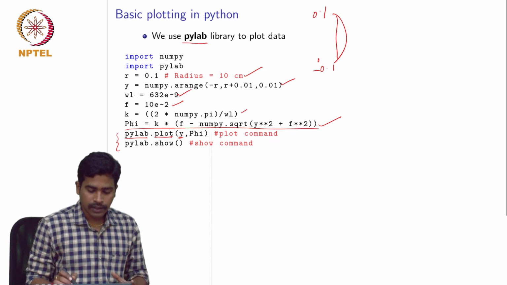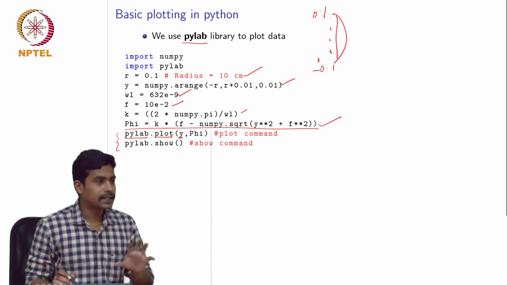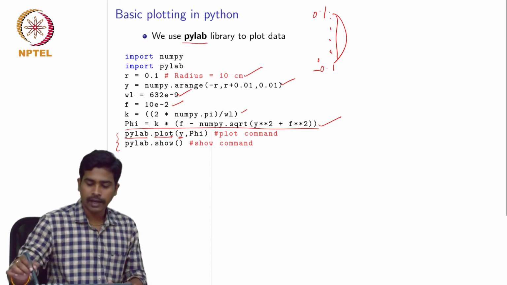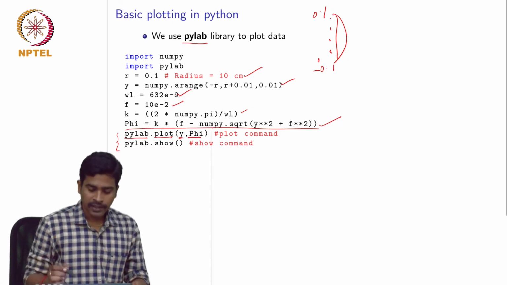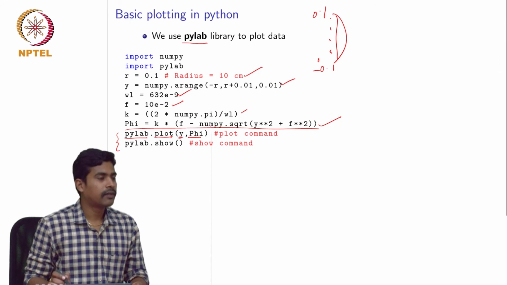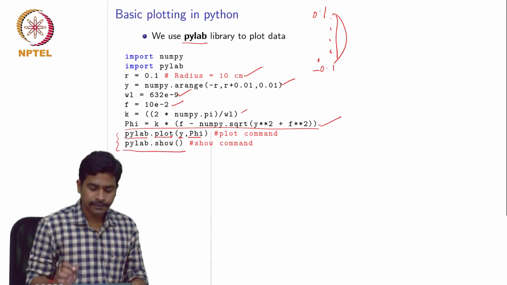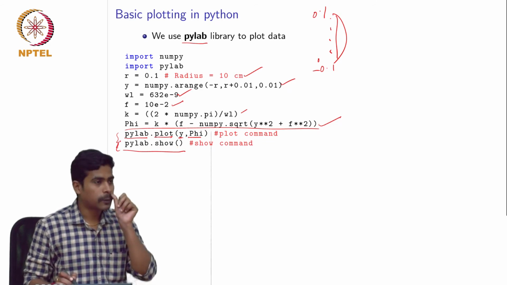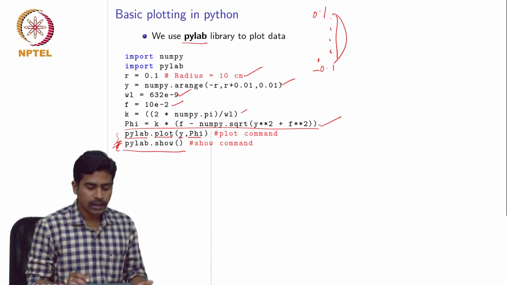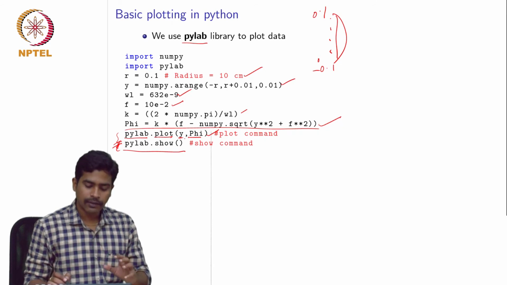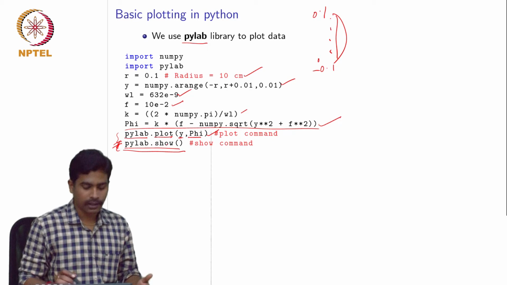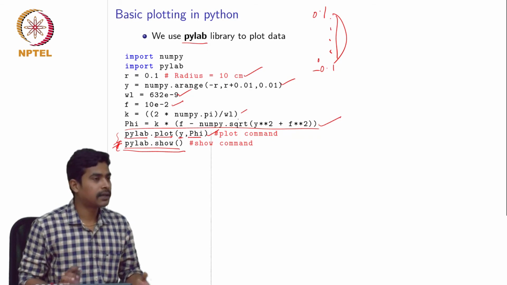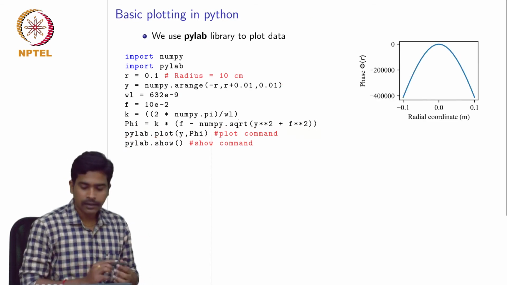Here the x coordinate is actually y, because these are the values against which we want to calculate the phase of the lens, and the y values are going to be the phase at that particular location. And finally, we have to give the statement pylab.show to show the plot. If you don't write this command, it will execute but won't give the plot for you to visualize. So you always have to write this statement after you use the plot command.